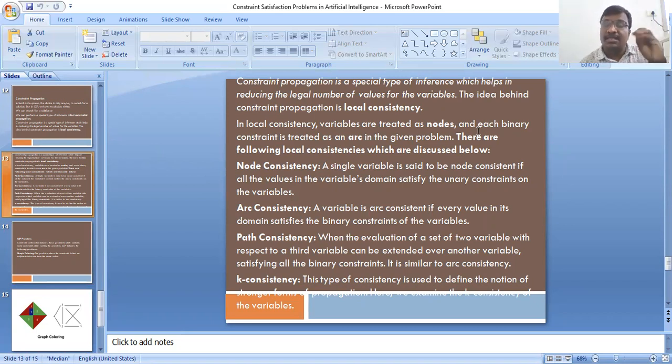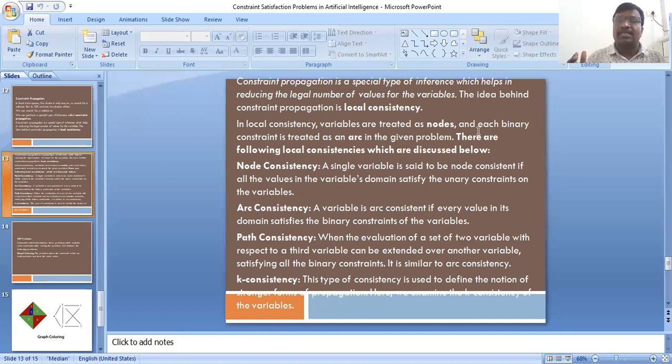The idea behind constraint propagation is local consistency. In local consistency, variables are treated as nodes, and each binary constraint is treated as an edge in the given problem.